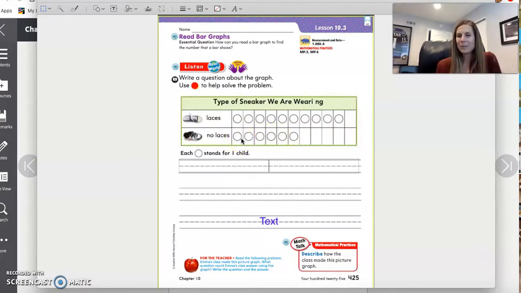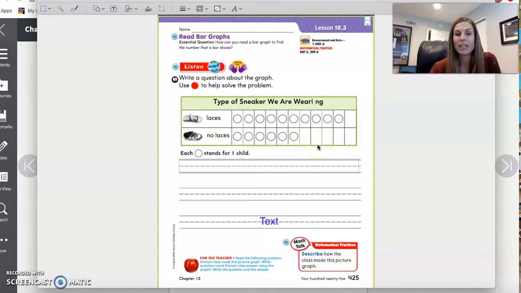Now, let's pretend like you're the teacher. Can you think of a question to ask about this graph? Could you say something like, how many students had laces? Or maybe you're thinking of the other way. How many children had no laces? Or maybe you're even thinking about the difference.